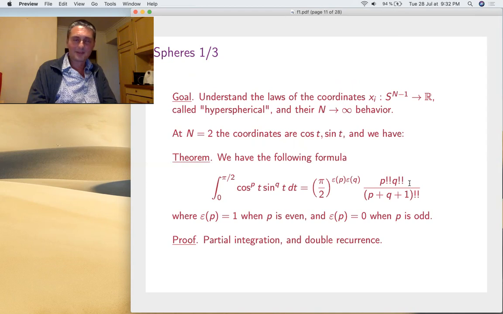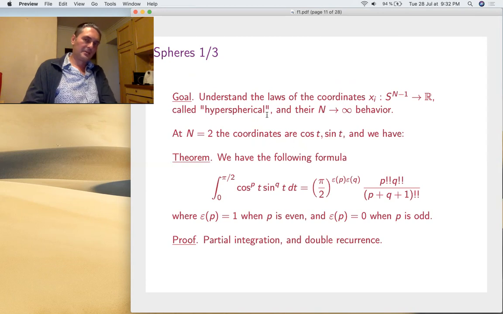That's why we don't teach it in calculus and work out instead the particular cases, which is actually a very good exercise for the partial integration. So that's it. It's the usual thing that you know, but not in general. You get a double recurrence, and that's what you get, power of pi and then these factorials.